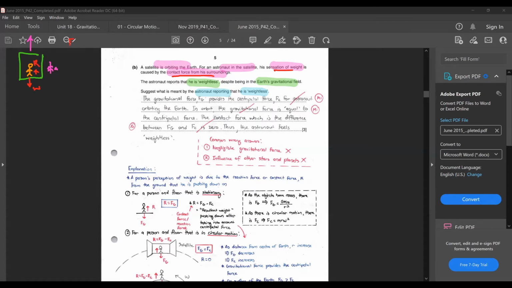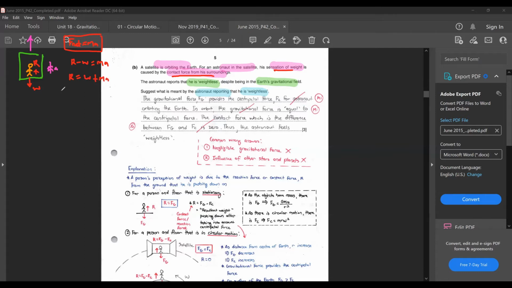So if I apply F net equals to MA, I will get R minus W equals to MA, such that R is equal to W plus MA.